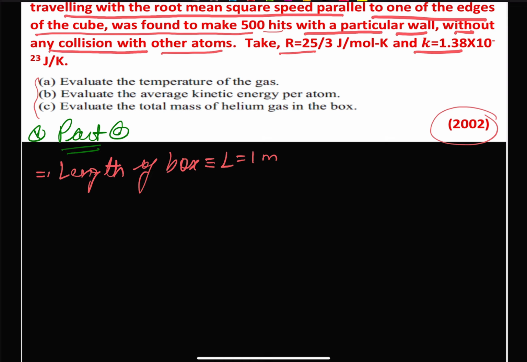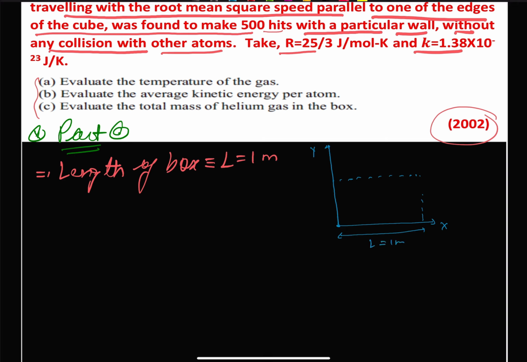In this case we can assume that suppose this is our x-axis and this is our y-axis, and the container is placed such that one of the edges is at the origin. So this is our total length, L equal to 1 meter.